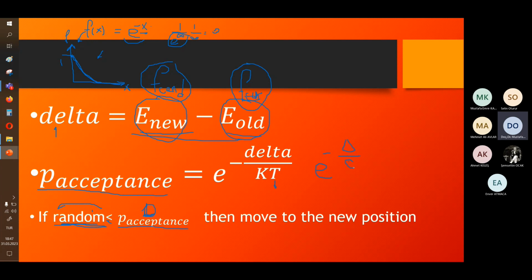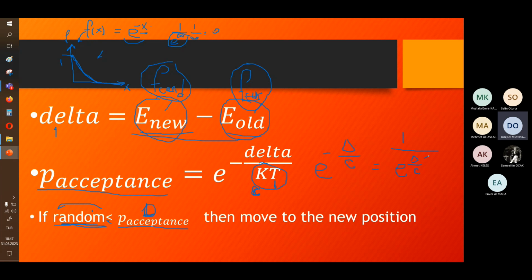And in this case, we are keeping K T as C, constant. Depending on the delta, we will be analyzing the acceptance probability. Let me write this once again. It is something like this, right?